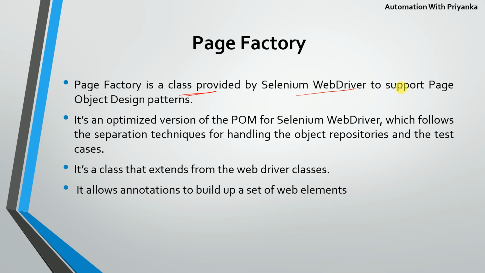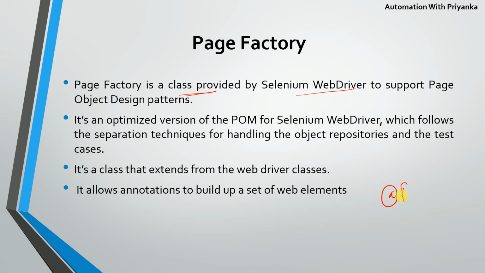So basically PageFactory simplifies the process of creating web pages, or we can say page objects, and technically it is a class. It follows a certain annotation to create our page objects. The PageFactory class uses the FindBy annotation.